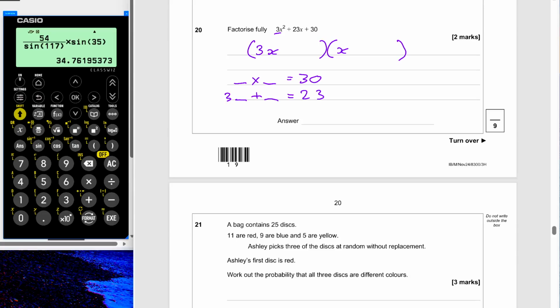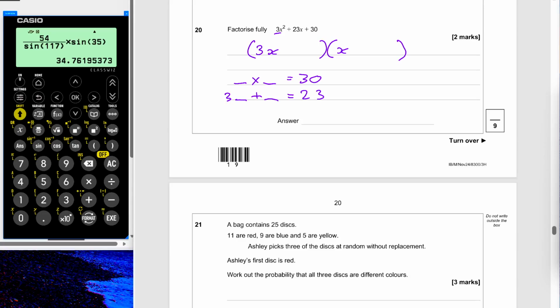And then for 30, we could do, well, 30 and 1 wouldn't work. We could have 2 and 15. I don't see that working. 3 and 10. Don't see that working.